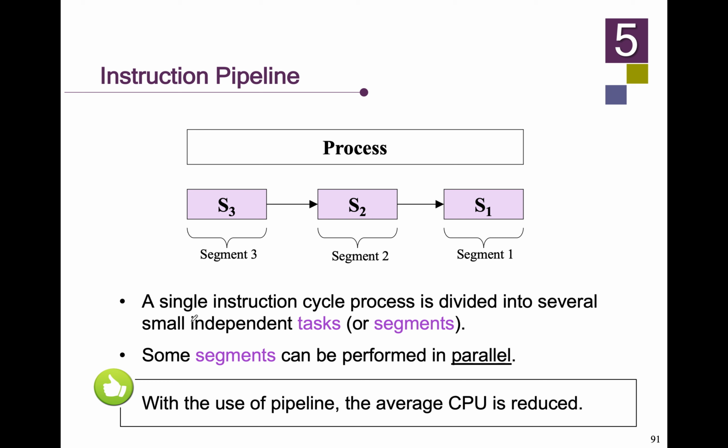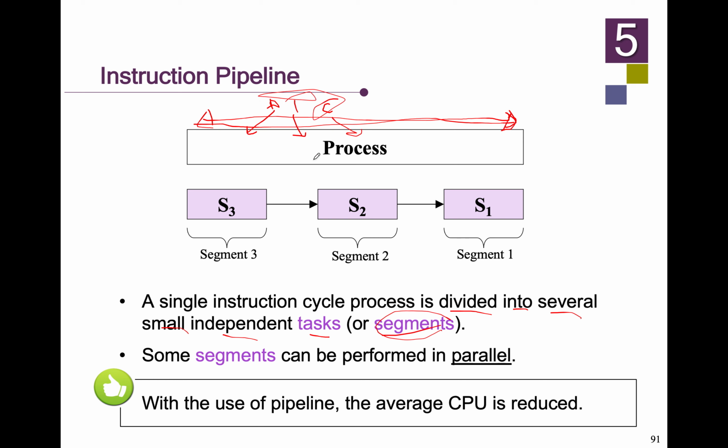Okay, in a single instruction cycle, the process is divided into several small independent tasks, or what we call segments. Let's say you have one long process. The easiest way is writing a paper. You need to do abstract, introduction, and conclusion. So you have a long process, but you need to separate it into segments, into tasks: abstract, introduction, and also conclusion.